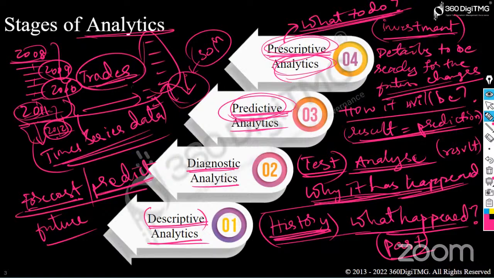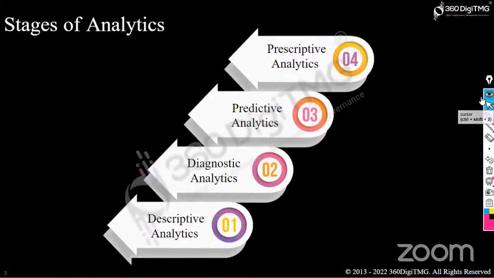Okay. So for more trade analytics, you will be having predictions. For that, machine learning algorithms or neural network methods are used to predict and forecast the data. So hope you have understood.